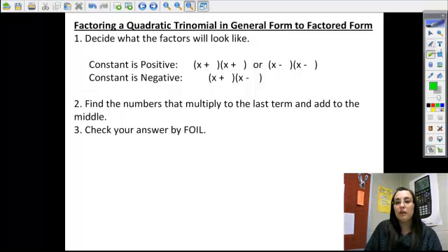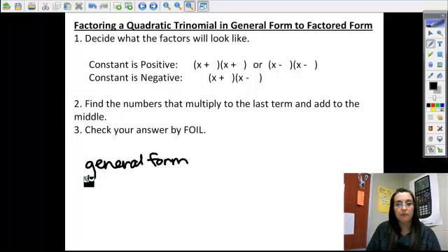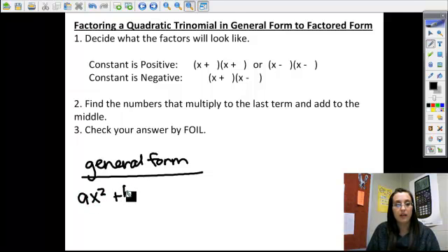So what we're going to be doing is taking something in general form. Just a reminder, general form of our quadratic is ax squared plus bx plus c.